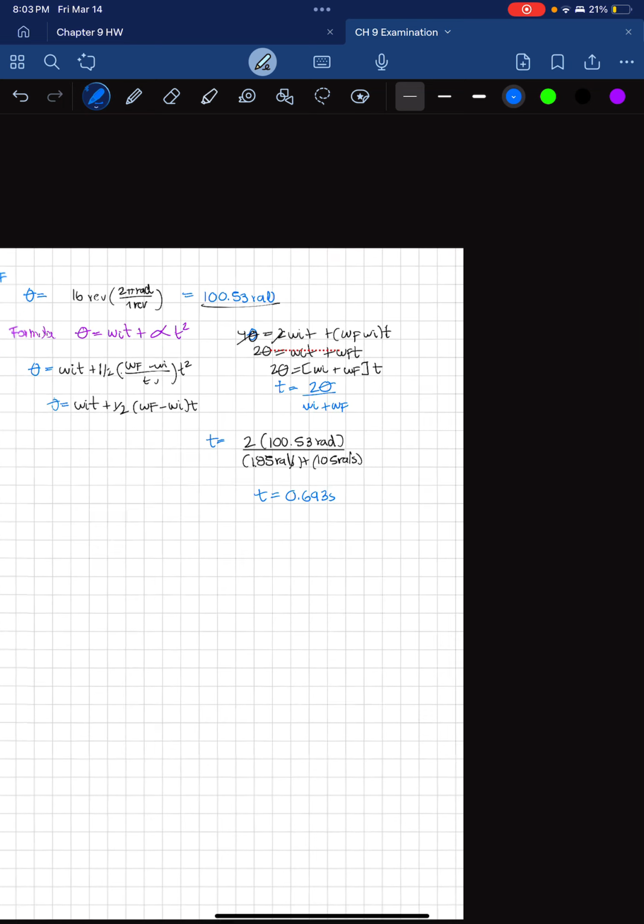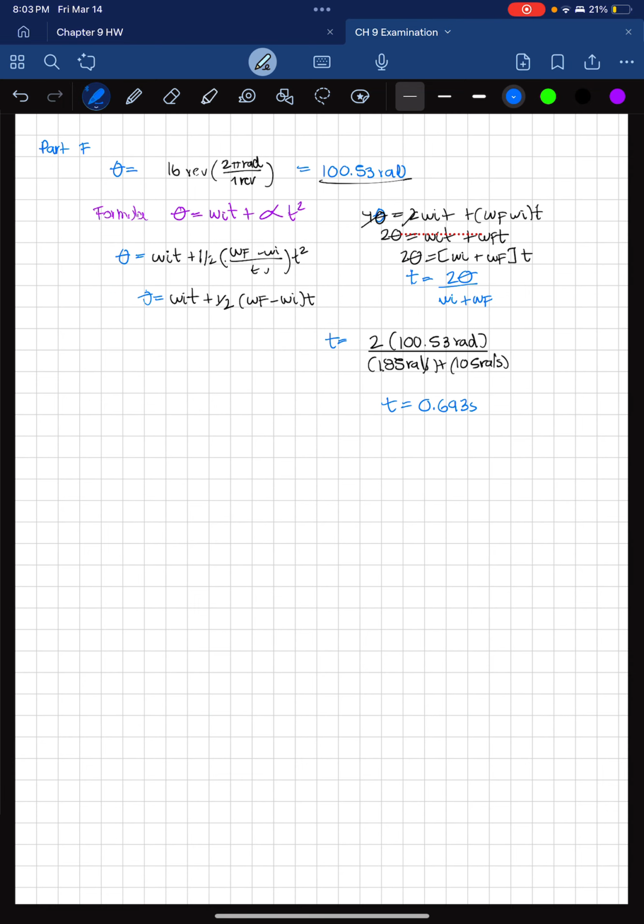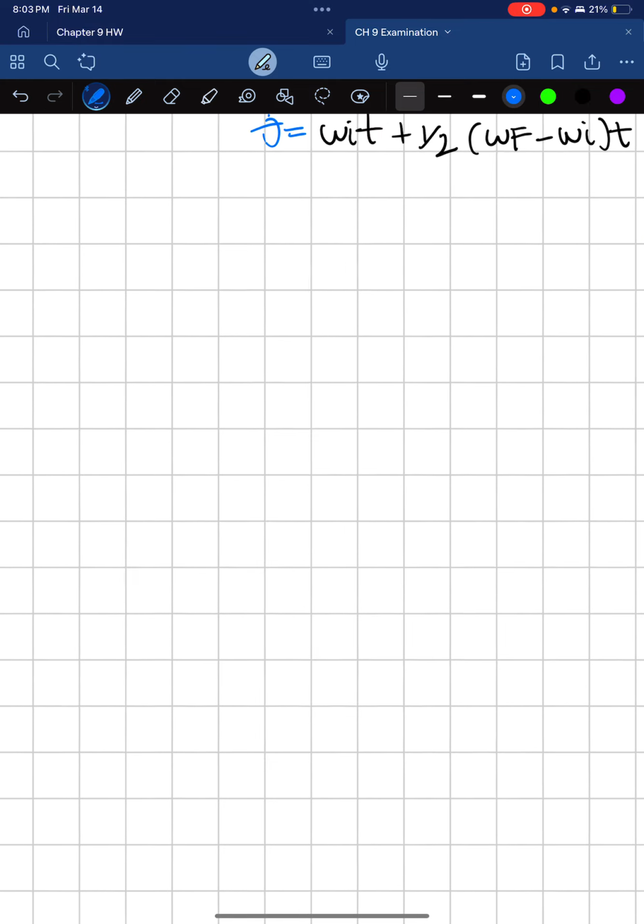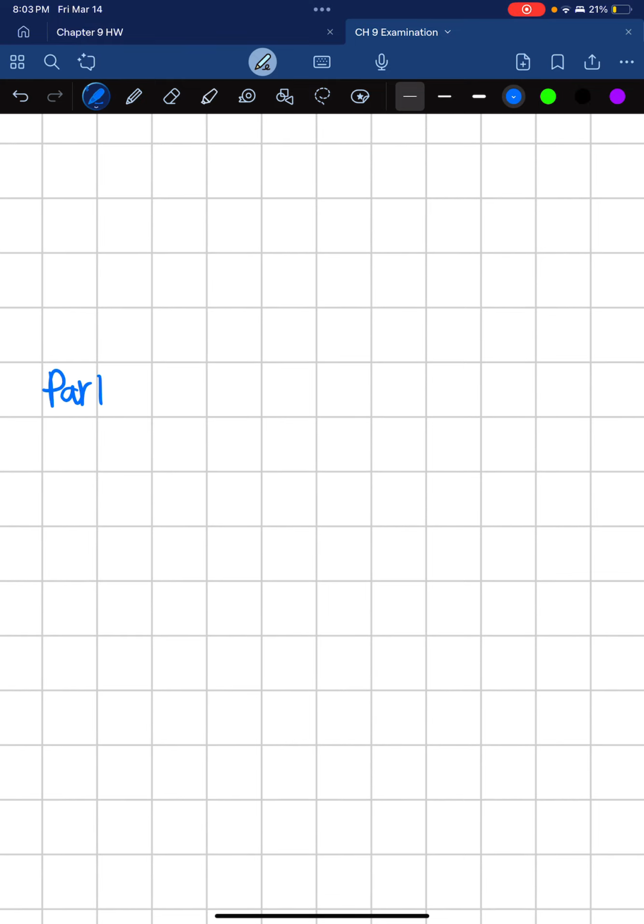Now let's go ahead and go to part G. Part G is one of those questions that we always have at the end. It's just all algebra, so let's do that. Let's see what it says. A disk rotates around an axis through its center.